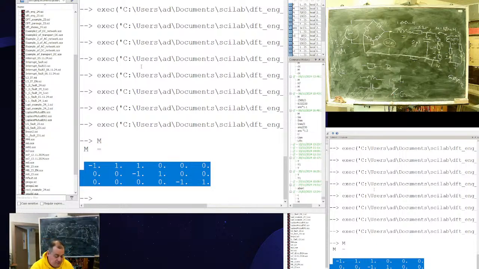So 5,3 equals j omega multiplied by 10e-3. You notice the IEEE notation, e-3: this means multiplied by 10 to the power minus 3. And the same for 3,5, because magnetic coupling is symmetrical.